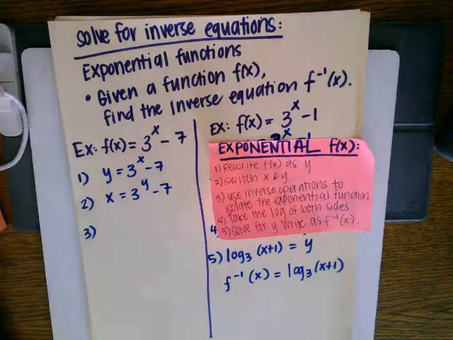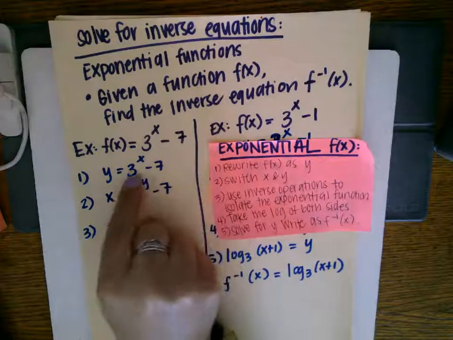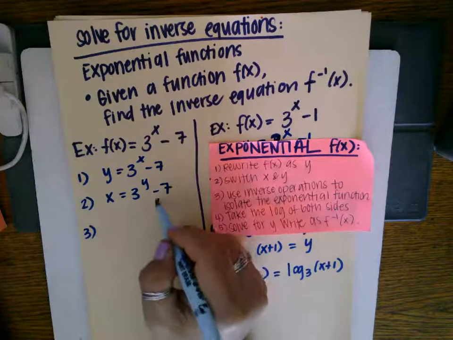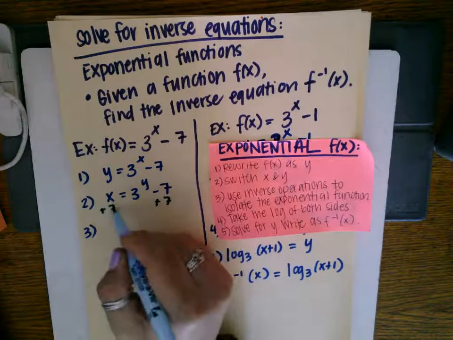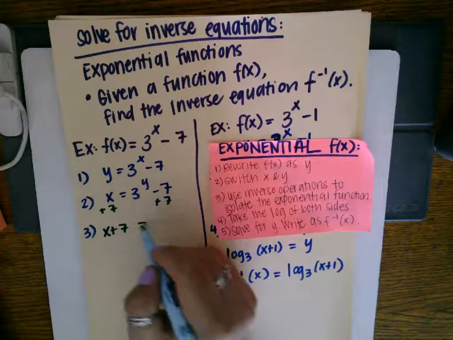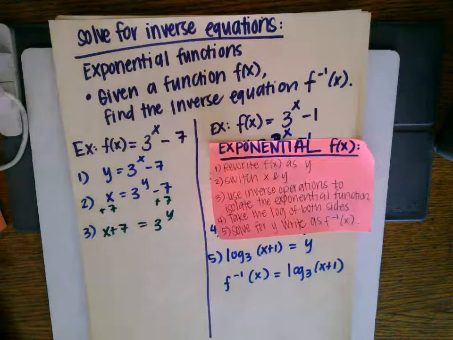Step 3 says to use inverse operations to isolate the exponential part. So in this case, I'm going to add 7 to both sides. I end up with x plus 7 equals 3 to the y. Step 4, once it's isolated, take the log of both sides, but not just any log.